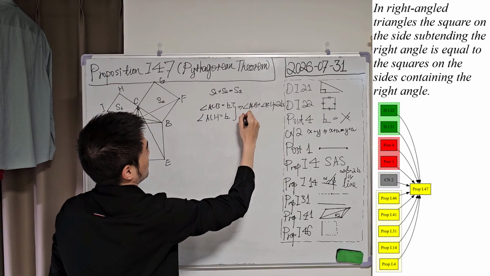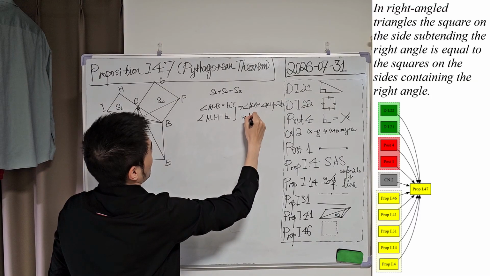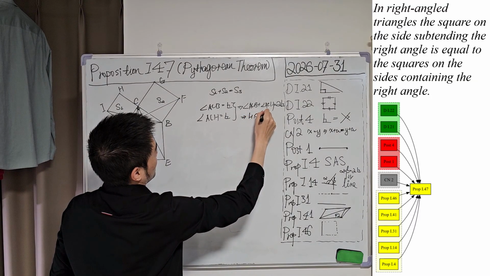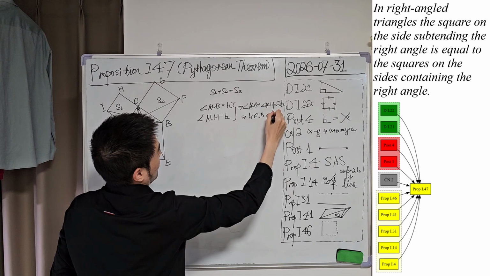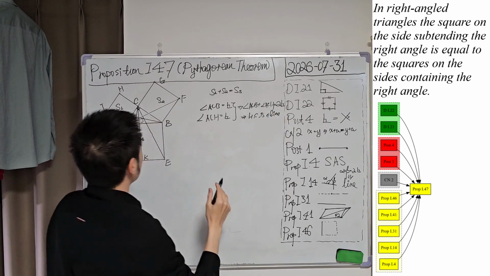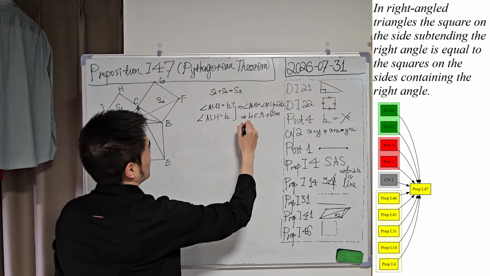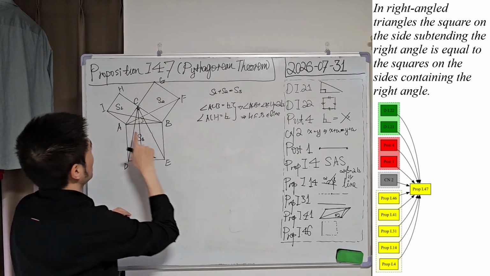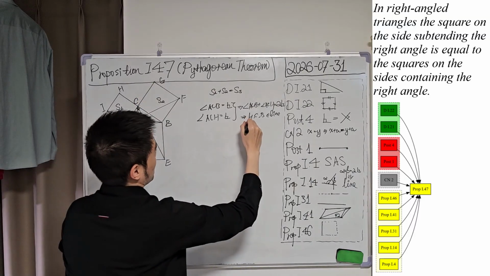So let's write it: HCB belong to the same straight line. With a similar proof, we can conclude that ACG are also in the same straight line.